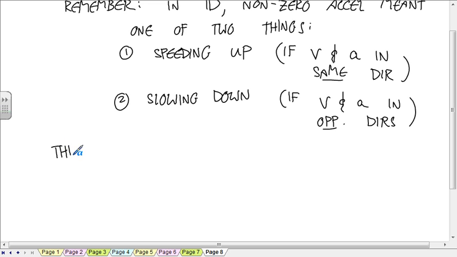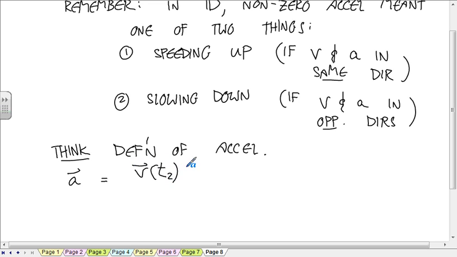So think of the definition of acceleration. Acceleration is equal to the velocity at some instant t2 minus the velocity at some instant t1 divided by t2 minus t1.